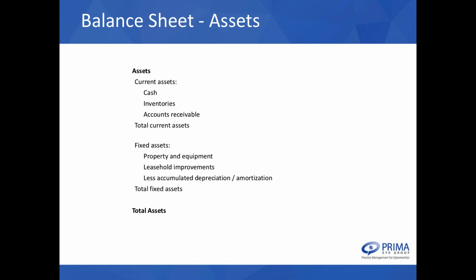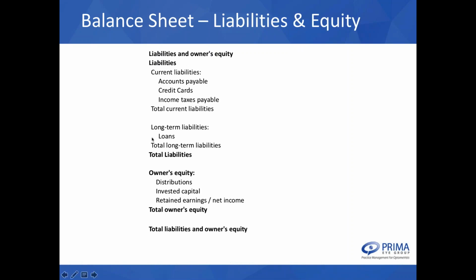Any principal payments on a piece of equipment are actually reflected as a reduction in the long-term liabilities. So interest is usually a smaller part of that loan. Sometimes the practice will look more profitable than it is, or it looks like it should have more cash than it does, because the P&L only shows the interest payments, and the principal payments on loans show up on the balance sheet.